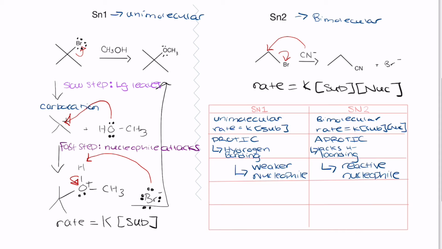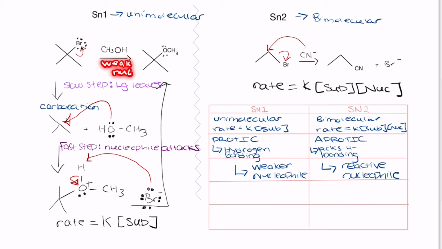Now, why is this important? Why would we want to have a weaker nucleophile here for our SN1 reaction? Well, remember that the first step of the reaction is that the leaving group, which is bromine, has to leave. And so, in order for this to happen, we have to make sure that we have a nice, weak, and stable nucleophile.